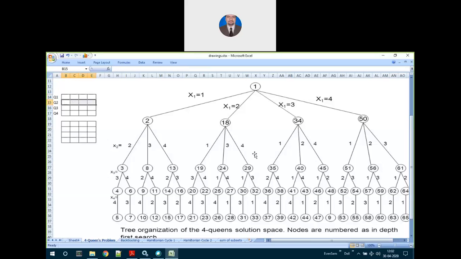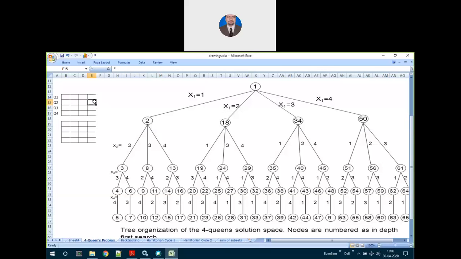Then the value is equal to 4, and 4 means the column number. So Q2 would be placed at this particular position, the one which I have highlighted. Second row, fourth column. So if x2 is equal to 4, the edge between 18 and 29 belongs to this particular cell in the chessboard.